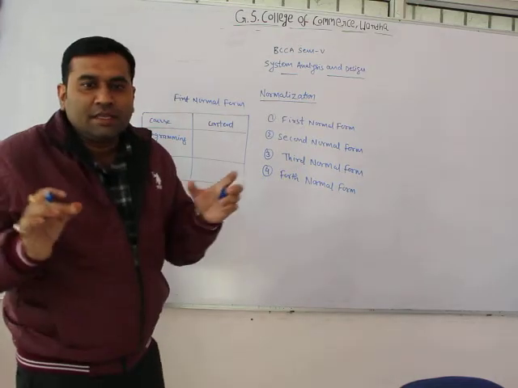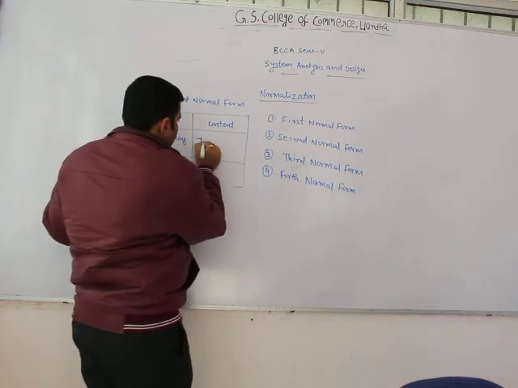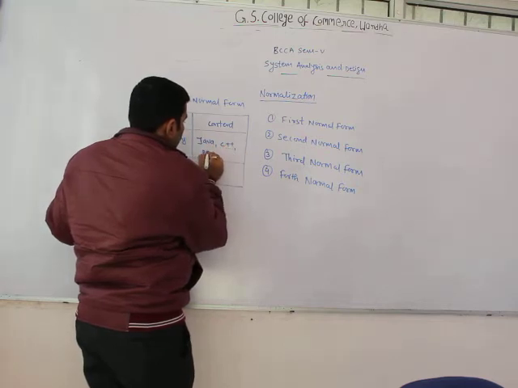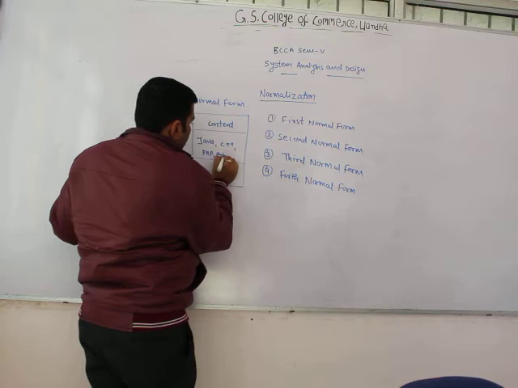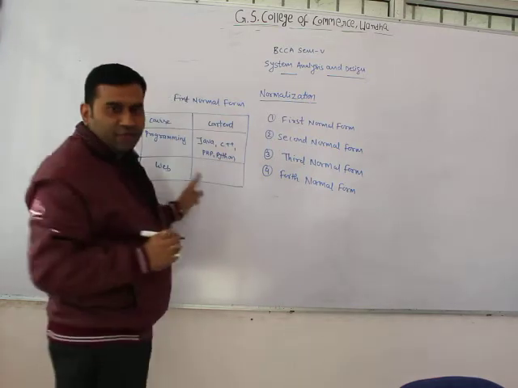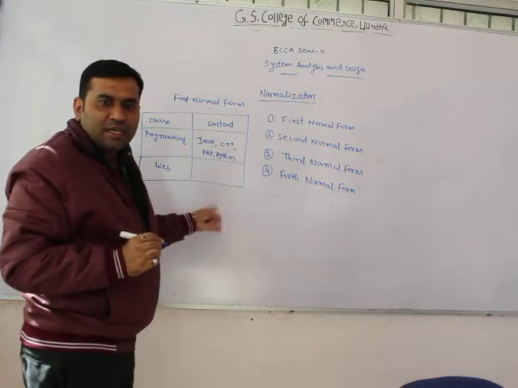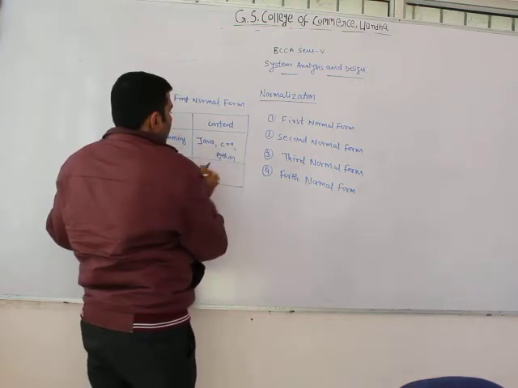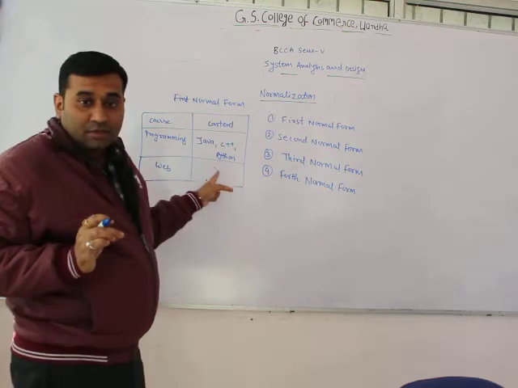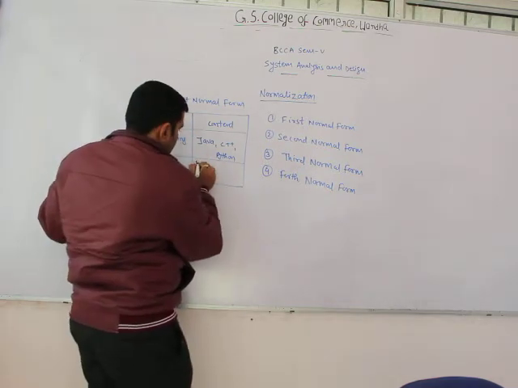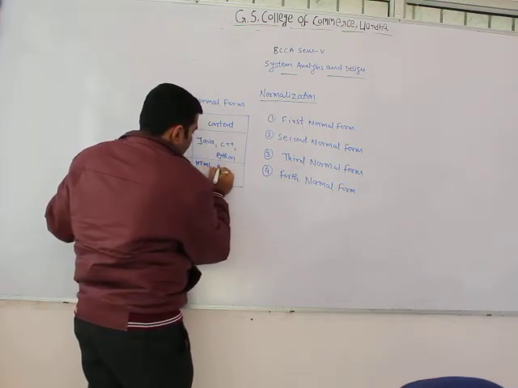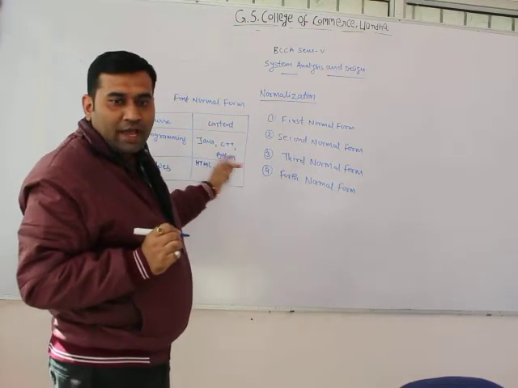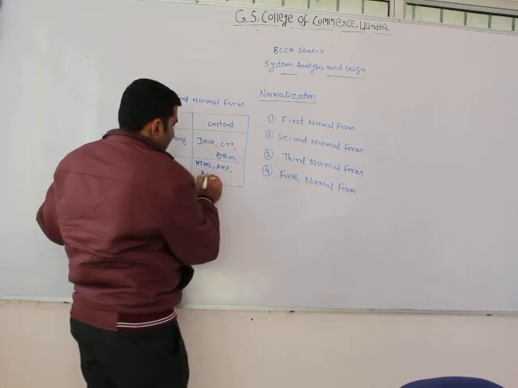In programming content, there are various types of languages: Java, C++, PHP, Python. And in web content there are HTML, PHP and ASP.NET.